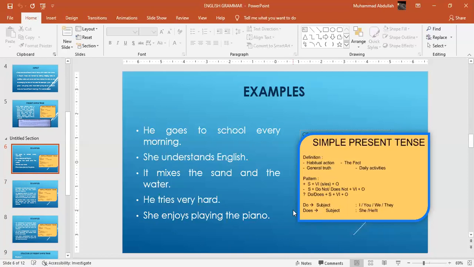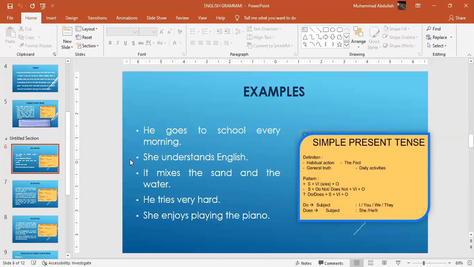Now let's see on which sentence the formula of SVO fits. Here, she is the subject, understands the verb, and English the object. So here is our SVO structure, and the pattern is this. It is a positive sentence or affirmative sentence.